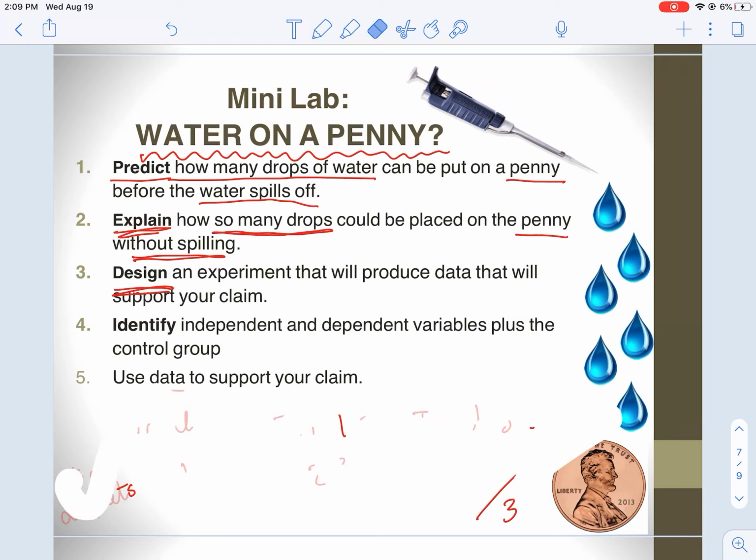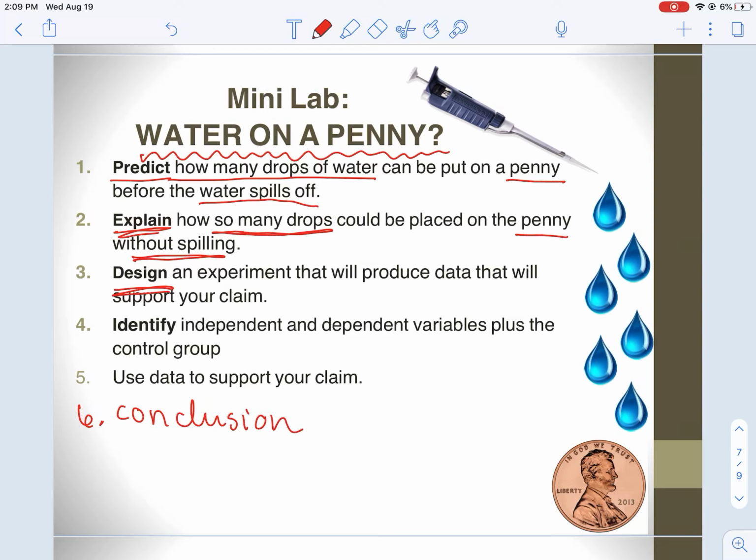So write a conclusion that states if your hypothesis was supported, if your average number of water droplets was close to 51, or if it wasn't, and what might have caused that difference. Use your data to support what you say in your conclusion.